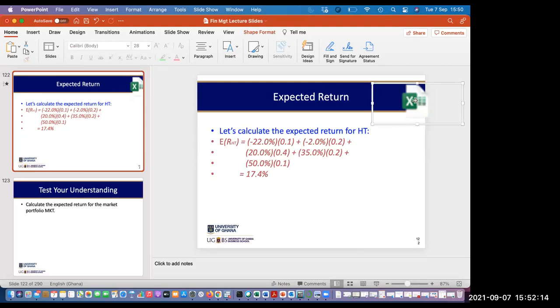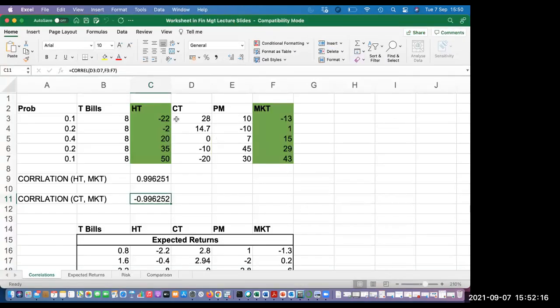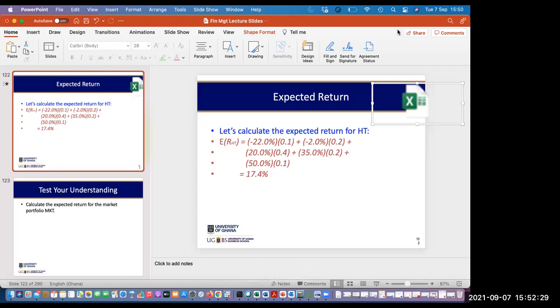So you have asset returns. Okay, these are asset returns. This is asset HT. This is the market returns. You can actually open this yourselves as well. If you look at the slides, go to slide 122. This Excel icon, you can click on the Excel icon.